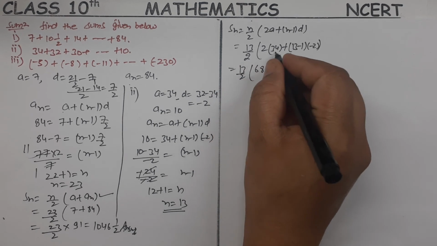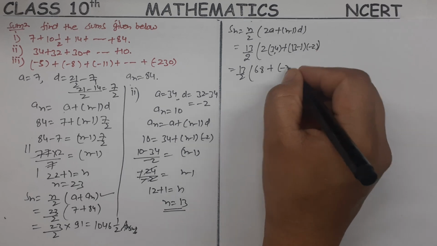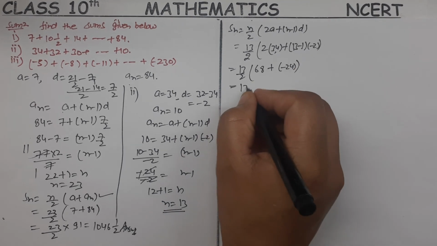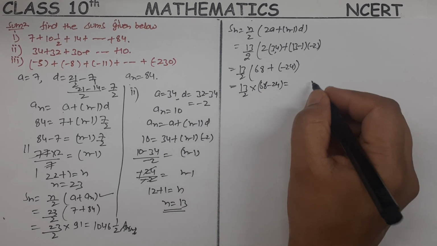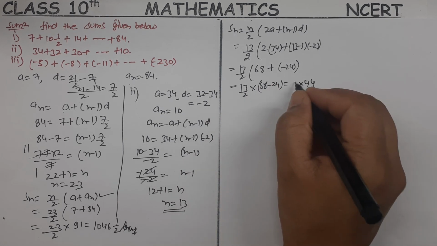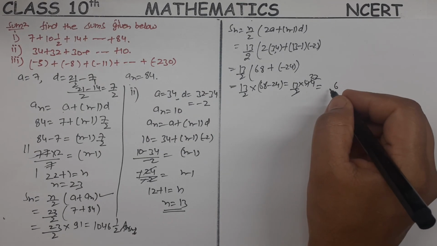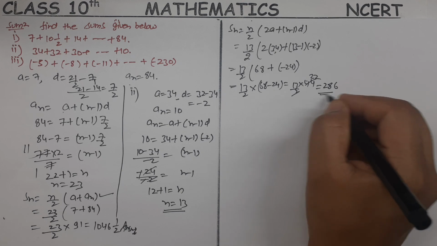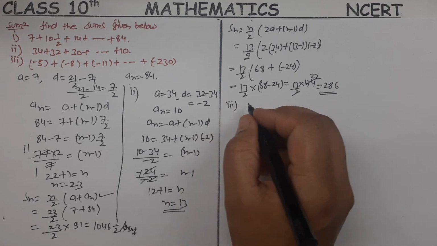Solving, after multiplication 68, 13 minus 1 is 12, 12 2s are 24 of minus, 68 minus 24. Multiply. Answer is 286.